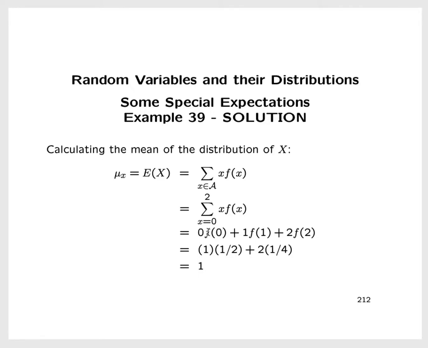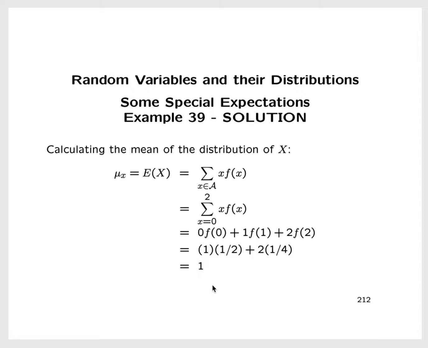Now 0 times f of 0 is 0, so that goes away, and so we're left with 1 times f evaluated at 1, plus 2 times f evaluated at 2. Now remember that the PMF evaluated at 1 is 1/2, and the PMF evaluated at 2 is 1/4. So we have 1 times 1/2, or 1/2, plus 2 times 1/4, which is 1/2. And so the mean of this distribution is 1.